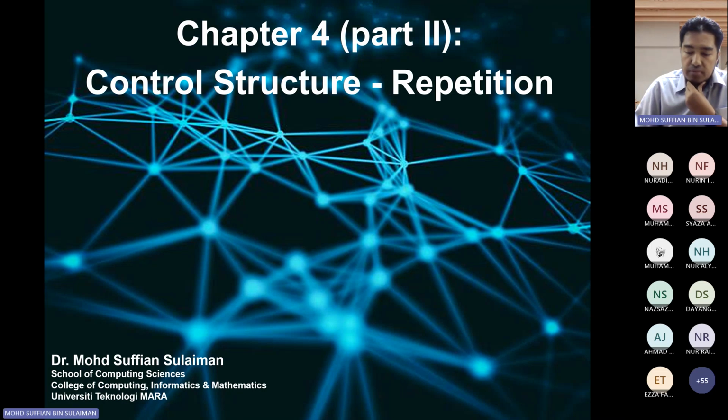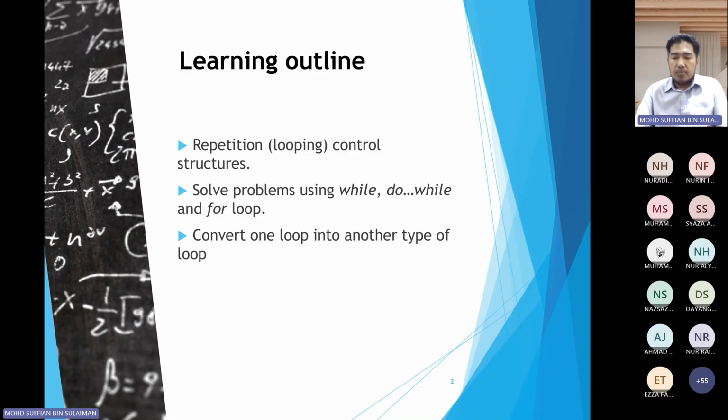So today we'll talk about chapter 4, part 2, control structure repetition. Look at the learning outcome. You need to know the control structure of repetition, and for repetition, usually we will use these three keywords, which are while, do-while, and for.